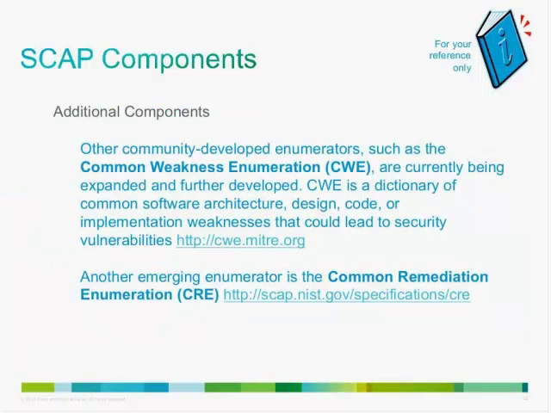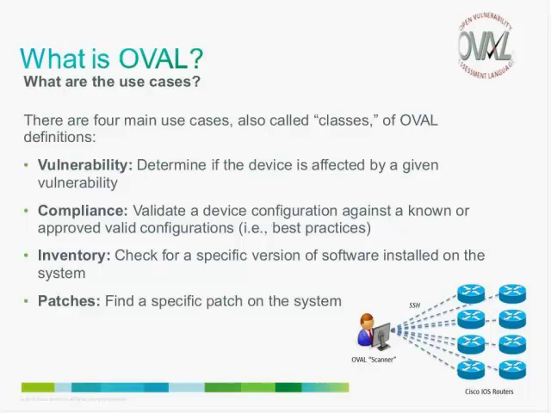There's, again, many other components on that. I'm not going to go, for the sake of time, into a lot of details in there, but I would like to jump into what specifically is OVAL, how can you use it, and why Cisco is actually supporting it.